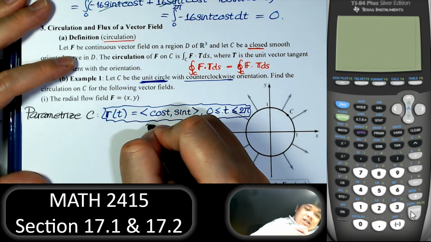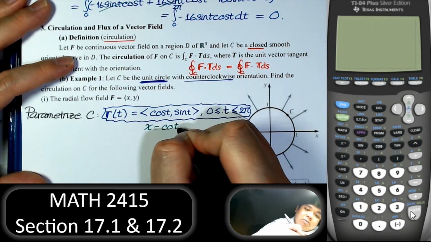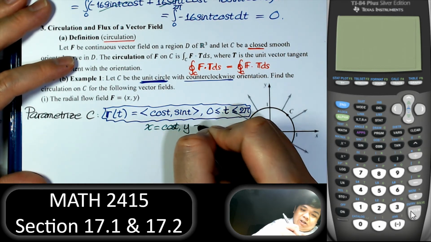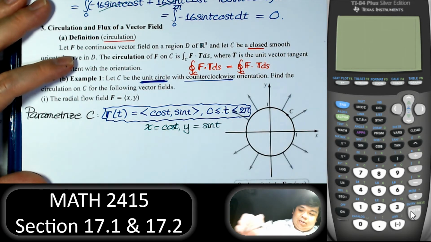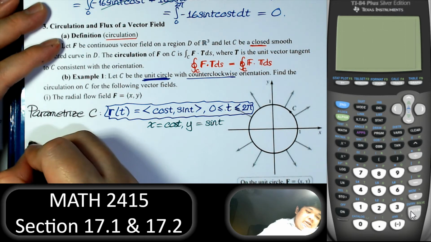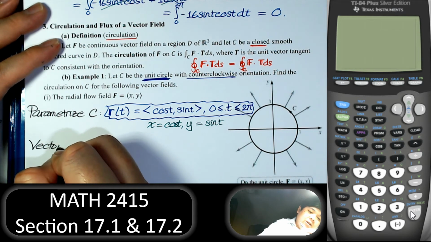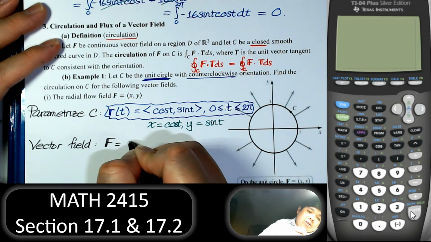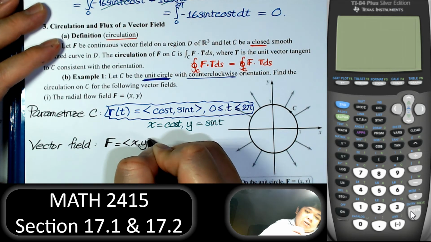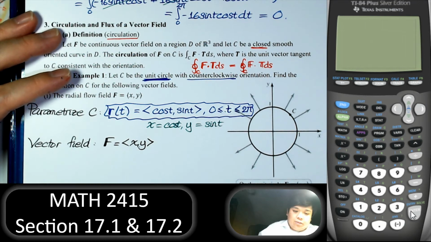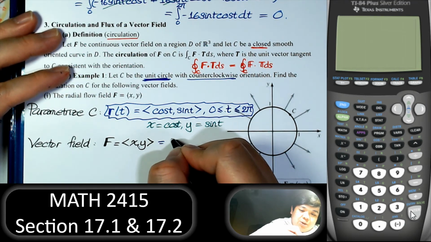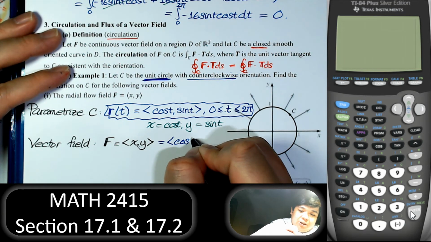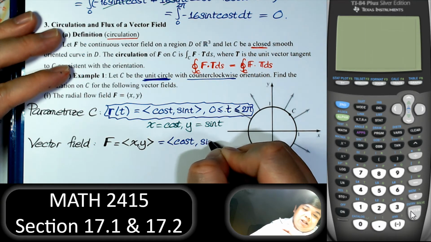That means we need x and y in terms of the parameter, and the vector field. x is cosine t, y is sine t.